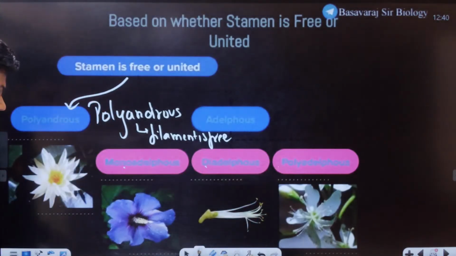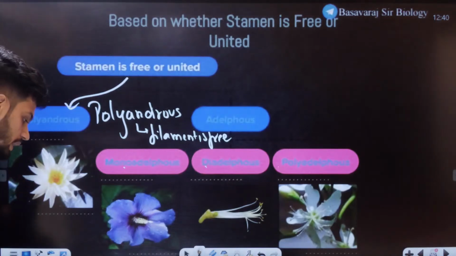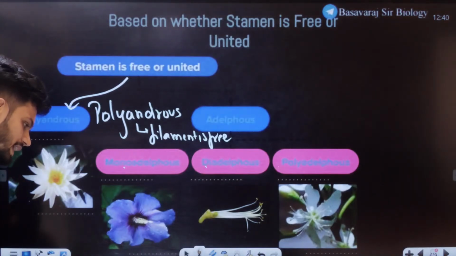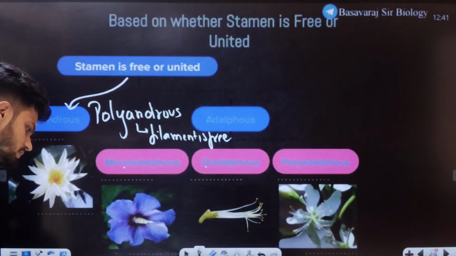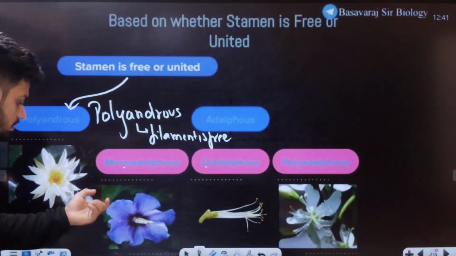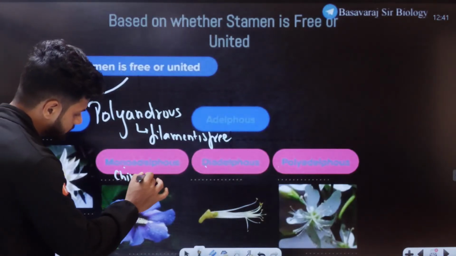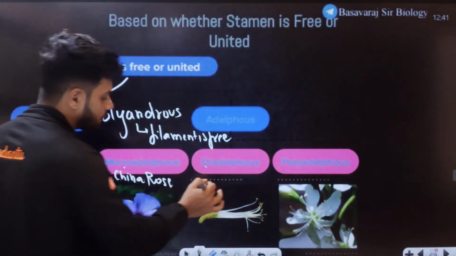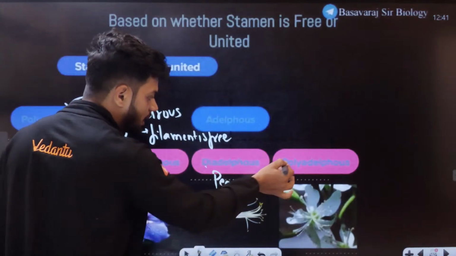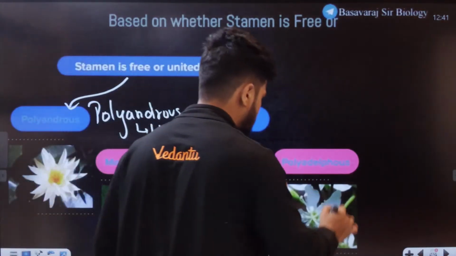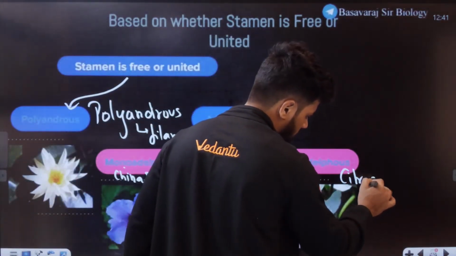Mono, di and poly. Here, monoadelphous example is China rose. Diadelphous condition is pea plant, and polyadelphous condition is citrus.